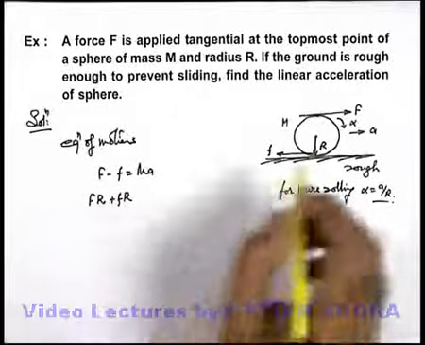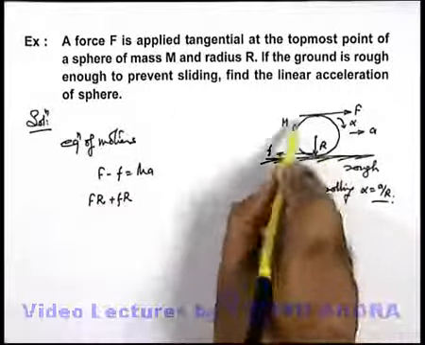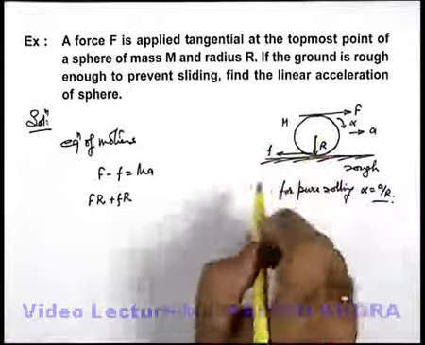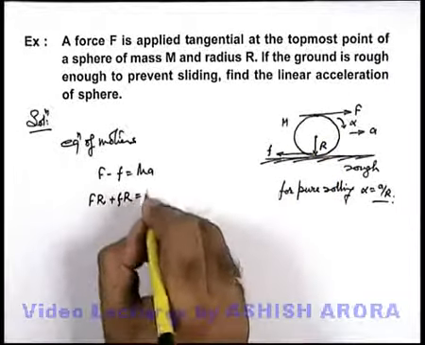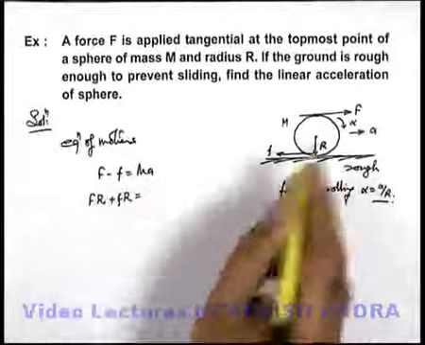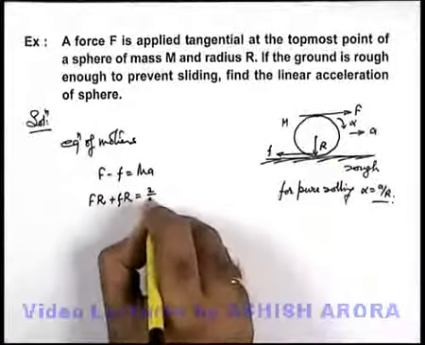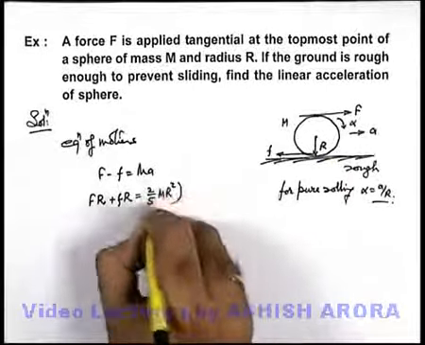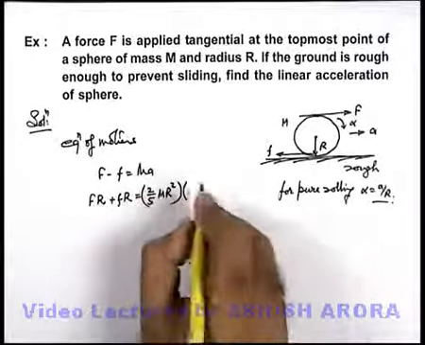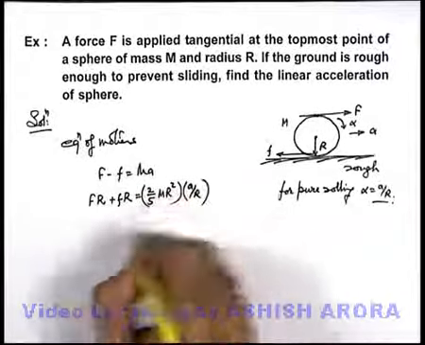I've added the two torques because force as well as friction both will provide clockwise torque onto the body, which is equal to I alpha, and the moment of inertia of a sphere is 2 by 5 mr square, and angular acceleration for pure rolling can be written as a by r.